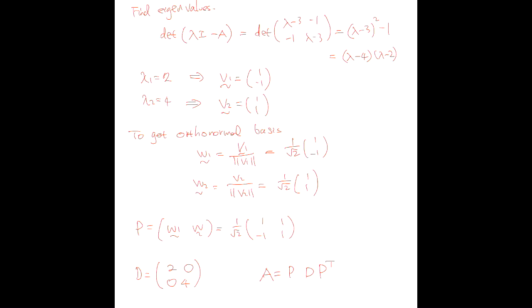So you can double check P is orthogonal, and then A can be written as P D P^T like that. So P orthogonally diagonalized A. Any questions for this example?